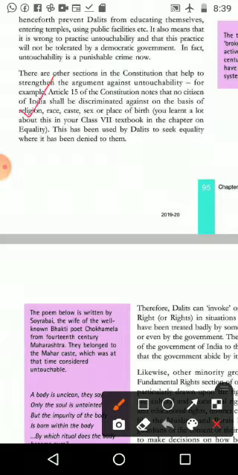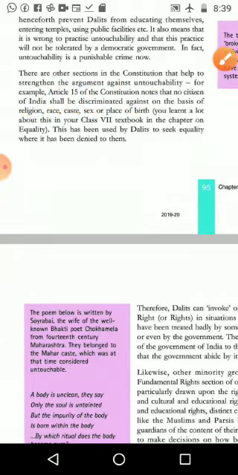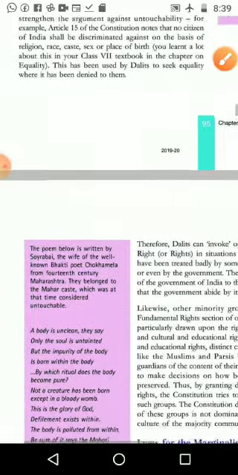Even on our religion, you may be Christian or Sikh or Parsi, that's not the matter. You should get equality. Your race, whether it is Aryan race or Dravidian race, that's not the matter. Your caste, whether you are Dalit or Kshatriya or Vaishya, that's not the matter. Or you are male or female or transgender, that's not the matter. Or place of birth, nothing should make any discrimination in the society.